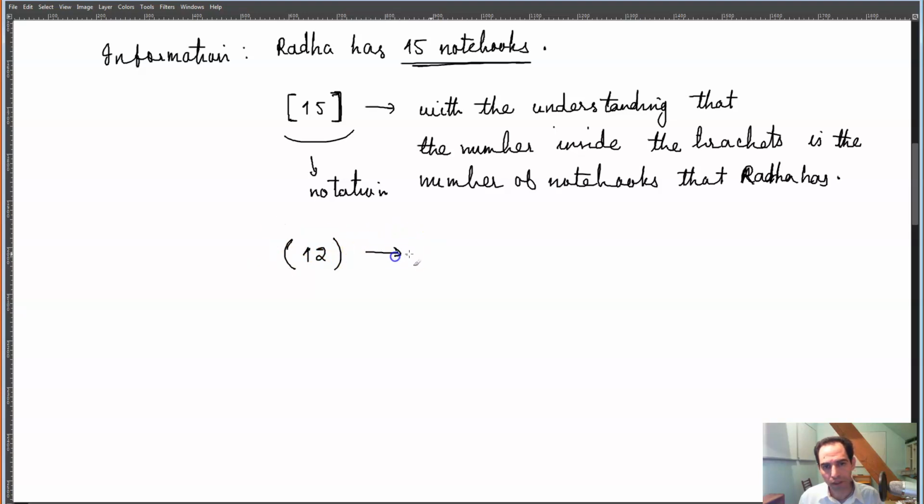The number of notebooks that John has would be, for example, 14 with another notation, and you would very soon run out of notation.